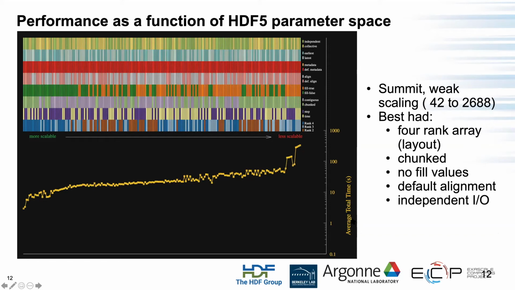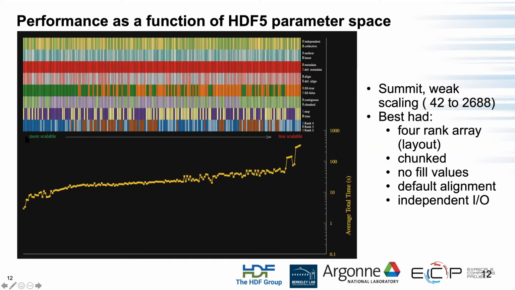And the bottom is the average time. And you can see that each color corresponds to each parameter space that we're looking at. So this is the rank, the step, and the time, whether it's contiguous, chunked, fill. The orange is, say, for example, true when you fill it, green is you don't fill it. And the alignment, one is default, and I set an alignment. The metadata we didn't explore, and then different versions of the library, and then independent and collective.